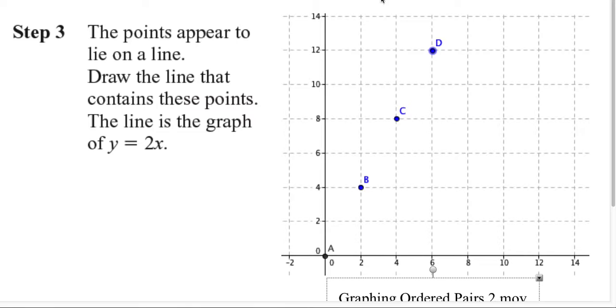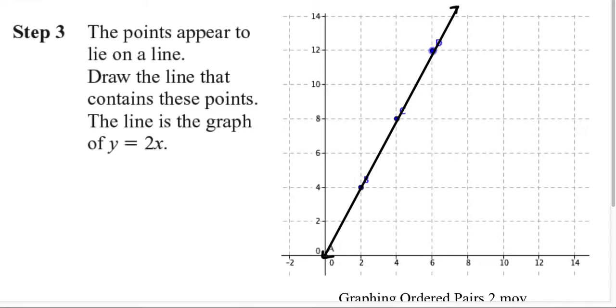So basically what we just did there was that we simply connected all these points with a straight line, and we drew arrow points after that, which means this is a line that goes on indefinitely. So draw the line that contains these points. The line is the graph of y equals 2x. And that is step number 3.